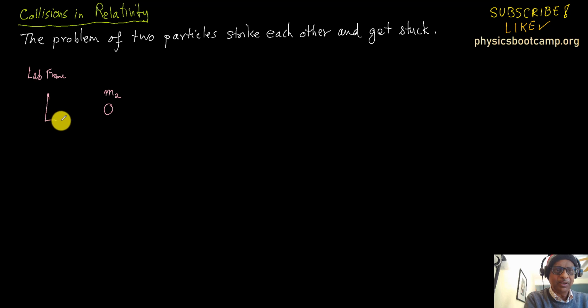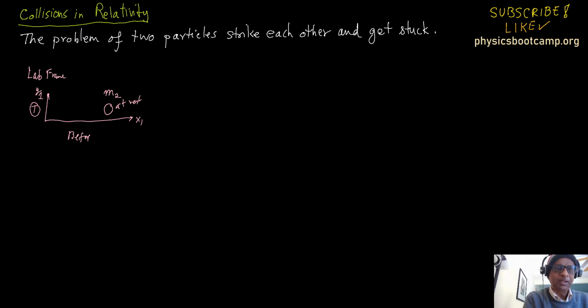So in this frame, before collision, so this situation before, this is at rest, and we're going to use, say, Y1, X1. So this is frame number 1.